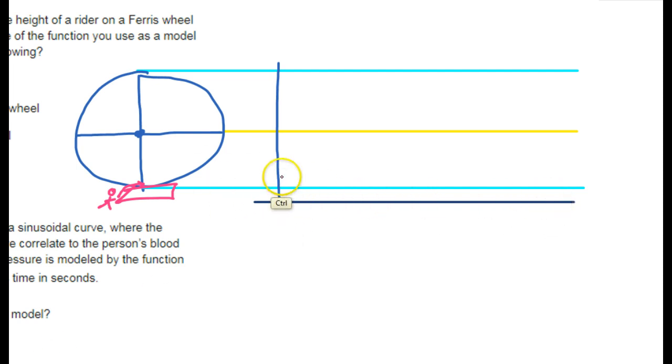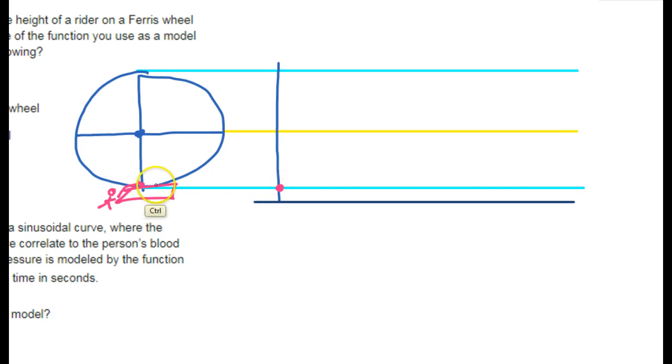When I first get on, I'm going to board the Ferris wheel right here at the lowest point. My butt is not sitting on the ground. I've walked up a small platform to get on this thing. So that's why my first dot is a little bit up. It's not on the x-axis. It's a little bit up because of the platform that I climbed.